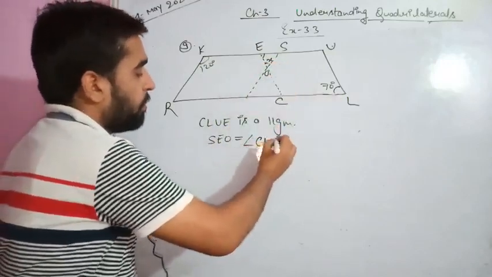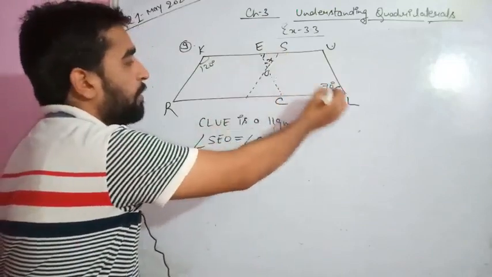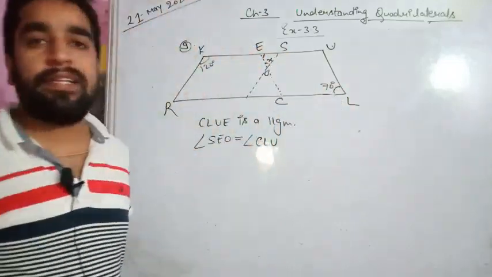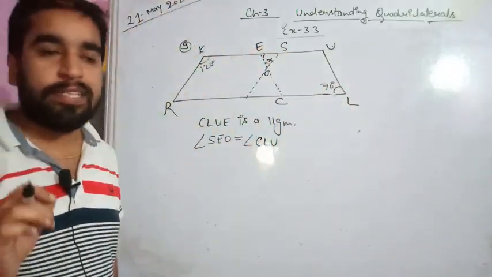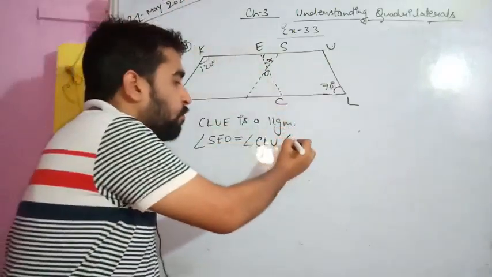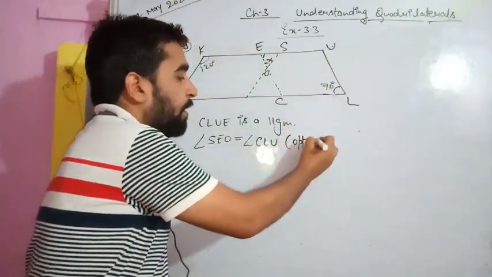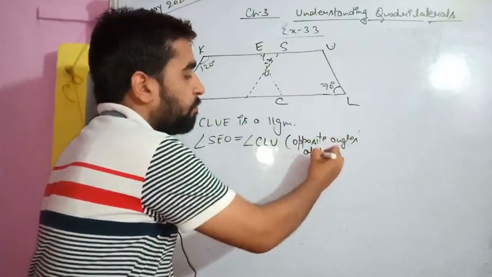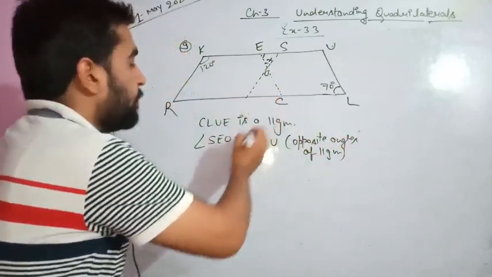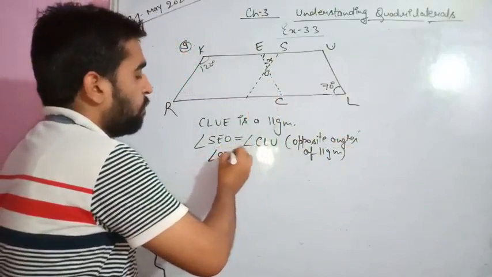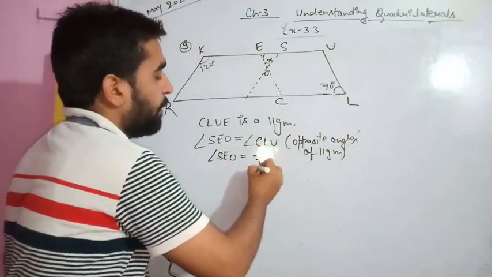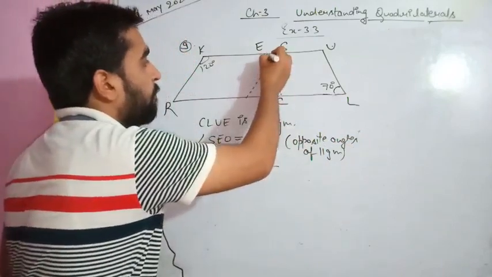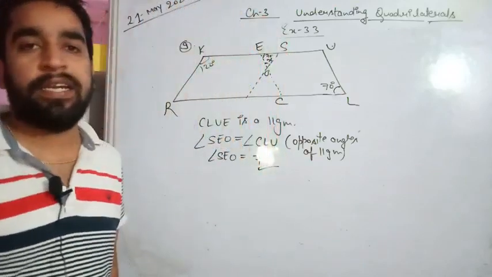Why will both these angles be equal? As these two are opposite angles of parallelogram. So opposite angles of parallelogram are equal. So we should mention this. So students, this angle SEO will be how much? 70 degree. By using this property, we have calculated this 70 degree.